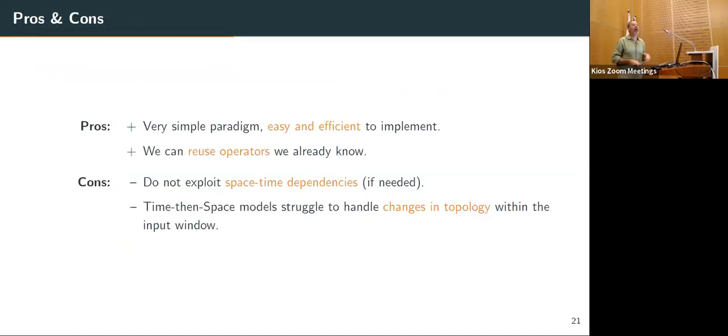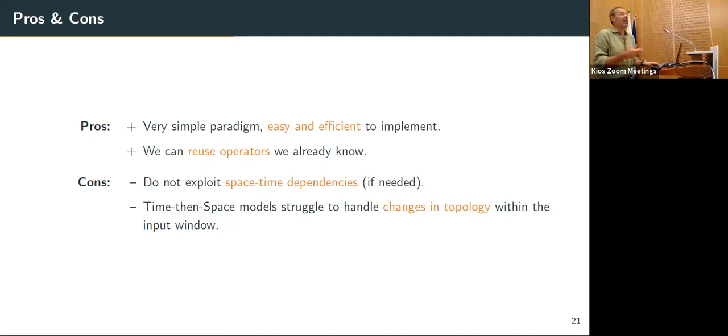The good thing about space and time, that you decouple convolution of space and time, is that you reuse whatever we have. You don't need to implement something new. You are reusing recurrent neural networks, you are reusing your graph neural networks as they are. So that is a plus.